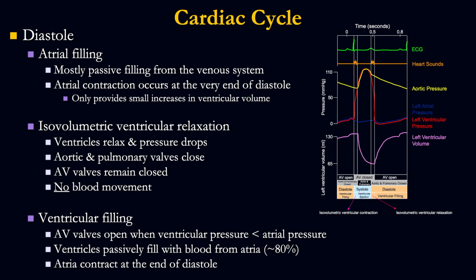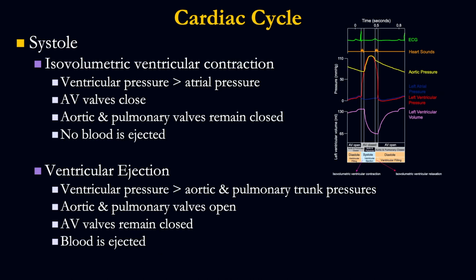The main point that I want you to come away with during diastole is that this is the phase of the heart where we are filling the heart with blood. And a lot of the blood return to the right atria really is passive. It just basically falls into the right atrium. So there isn't a lot of pressure needed to return blood back to the heart. During systole, we have high vascular forces, and this is mainly going to be confined to systemic circulation or the left side of the heart.